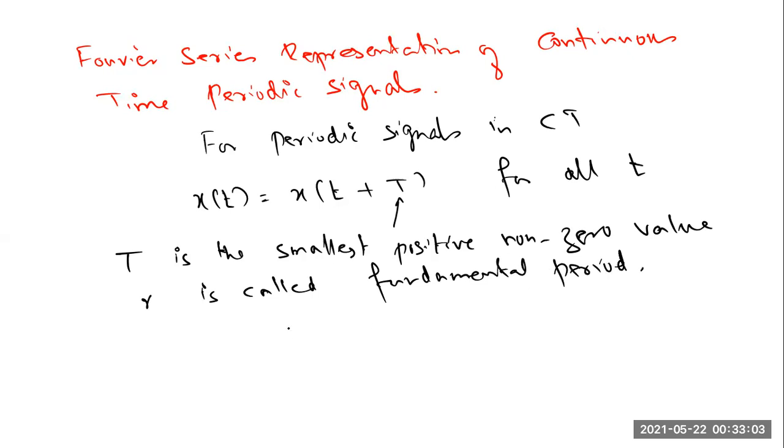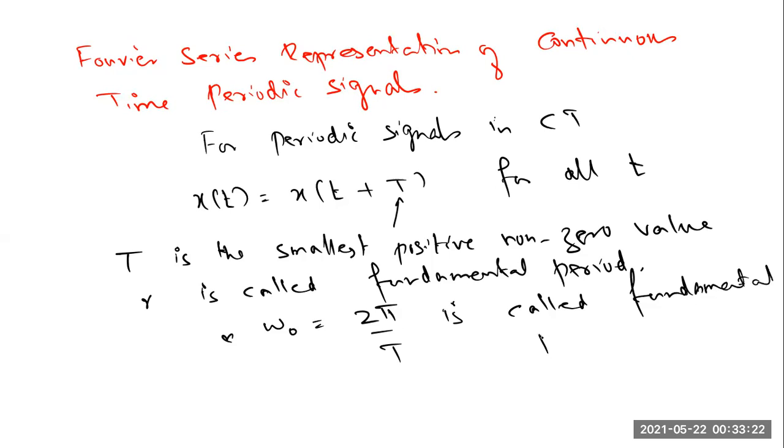And we also use omega naught, which is equal to 2 pi by capital T. This omega naught is called the fundamental frequency.